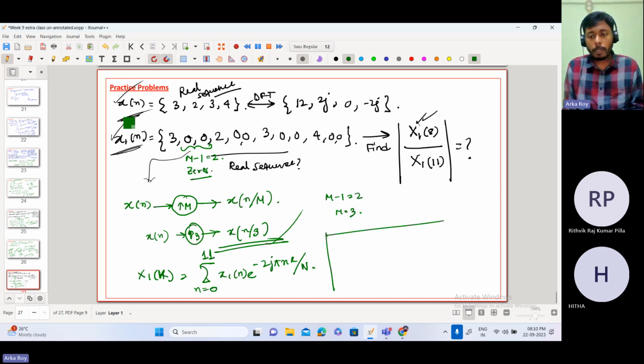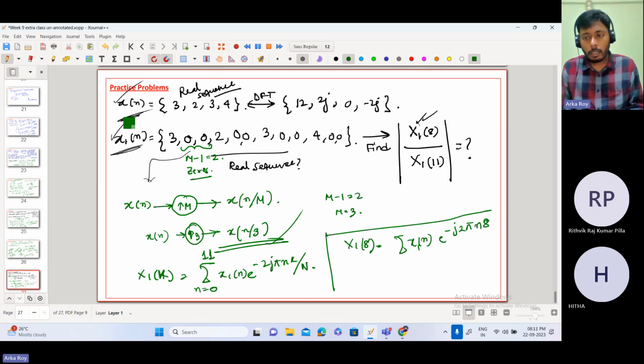Now we have been asked to find x1 of 8. That means your equation will be x1[n] e to the power minus j 2 pi n, where k is 8 and N is equal to 12.